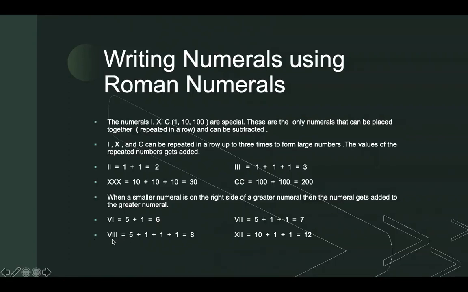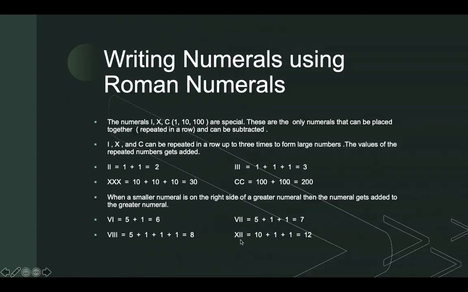Then for I we add 1, for another I we add 1, again we add 1, as I is repeated 3 times here. So we add 1 three times and we get 8. So this is the Roman numeral for 8, or 8 is written this way.